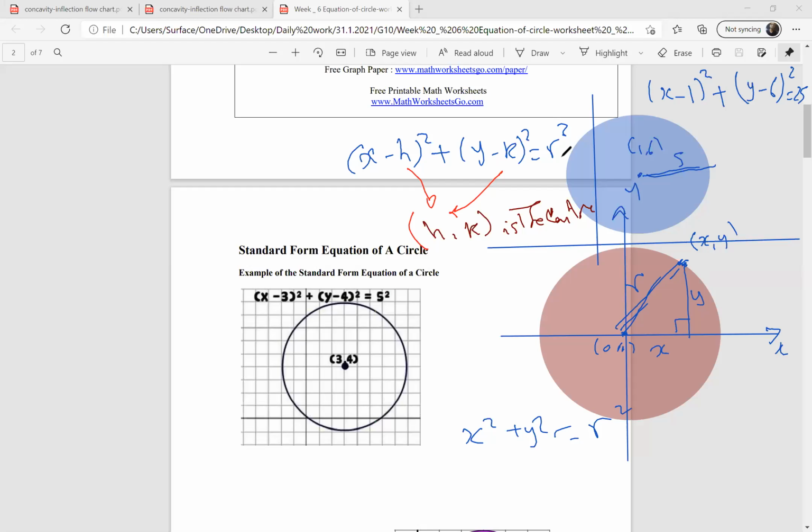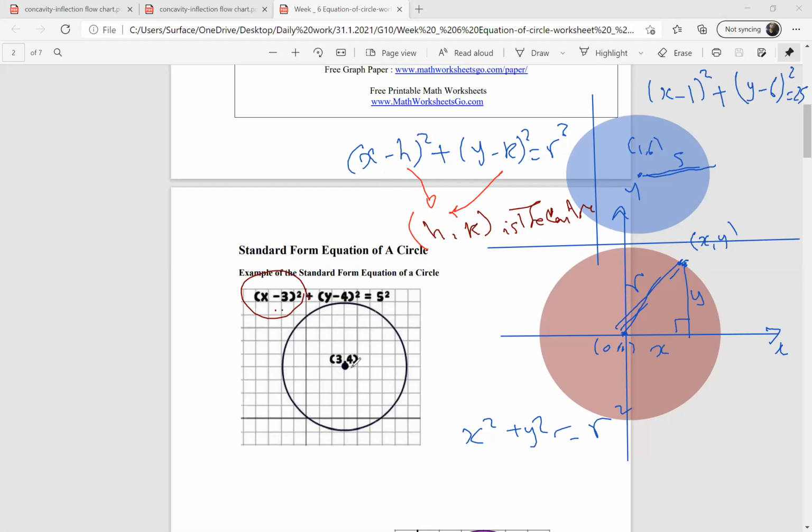Okay, for example, you have this circle, the center is 3 and 4, so it will be x minus 3, because of the opposite sign of this number, x minus 3 all to the power of 2, plus, this is positive 4, you will take it with the opposite sign, y minus 4 to the power of 2.